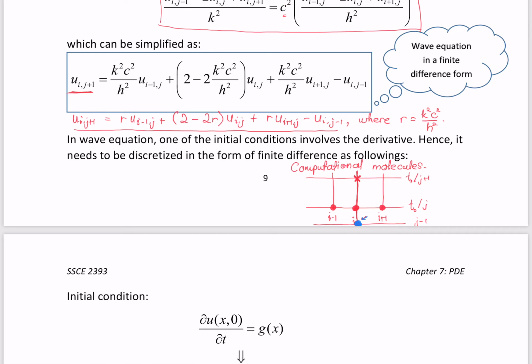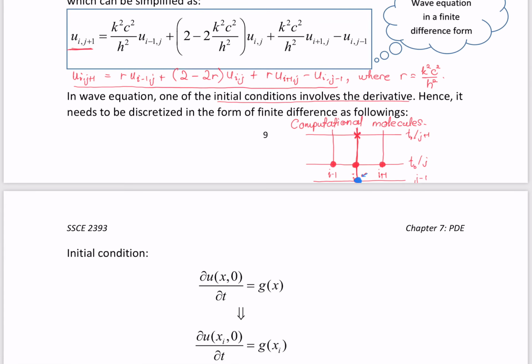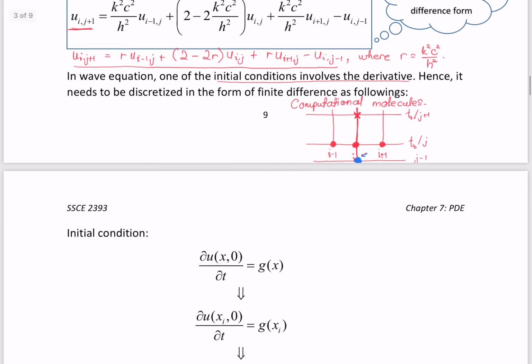But never mind, if it is outside of our domain, our wave equation has initial conditions involving a derivative, so we can use our knowledge of the first derivative to find the value of that blue grid point, which is outside of our domain. So what we need to do is discretize our initial condition.